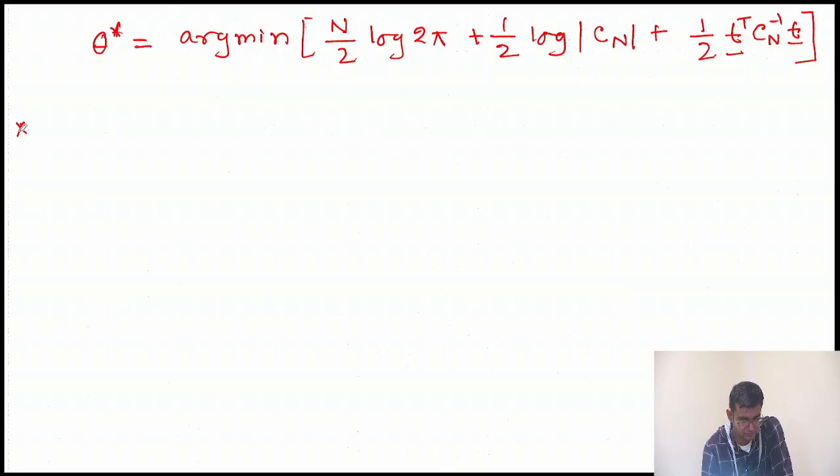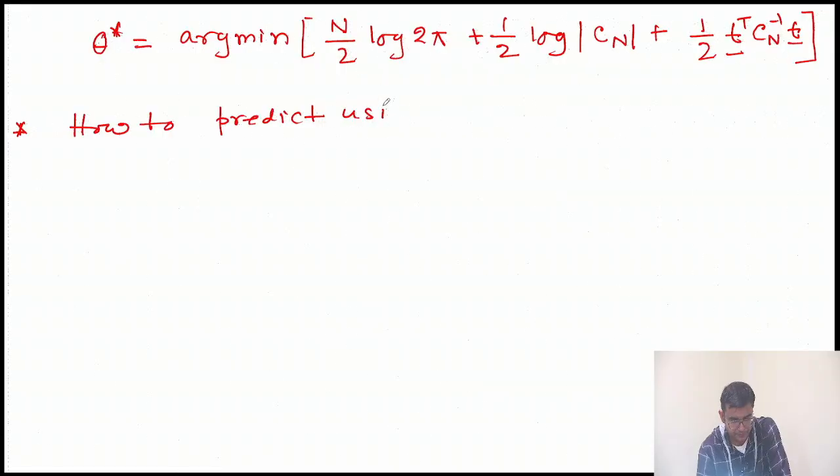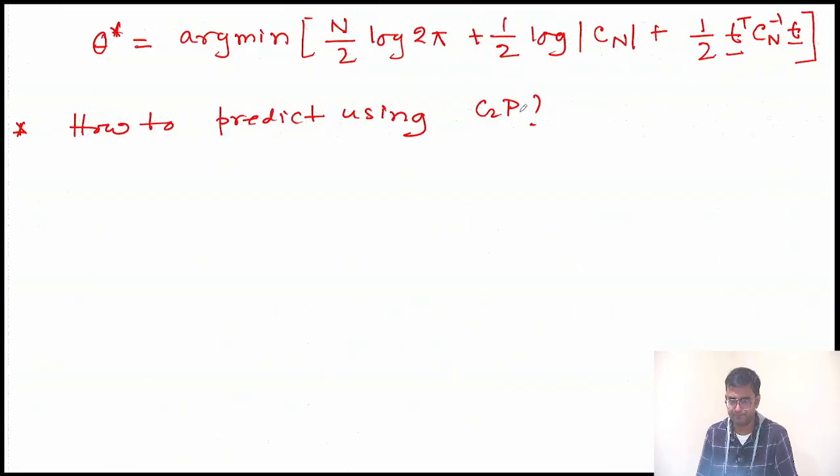So how to predict using GP? Okay, so now we are starting a new thing. Can you remind me, in a Bayesian setting, what does prediction mean? What do you want to compute in prediction in a Bayesian setting? The predictive posterior, or posterior predictive.